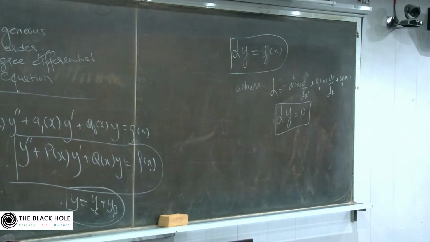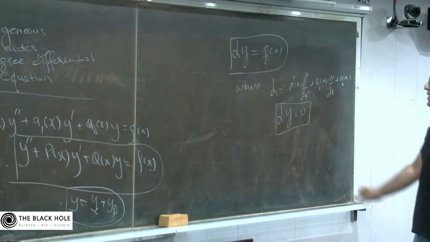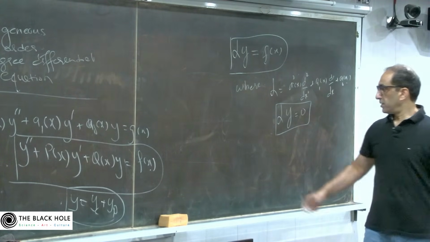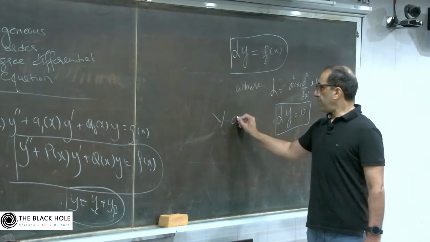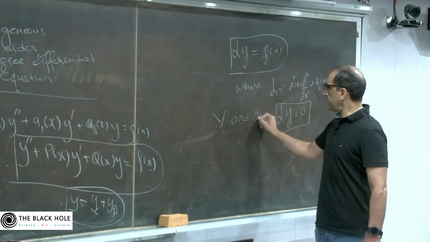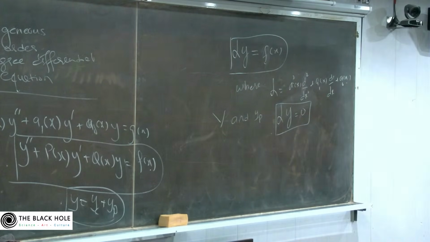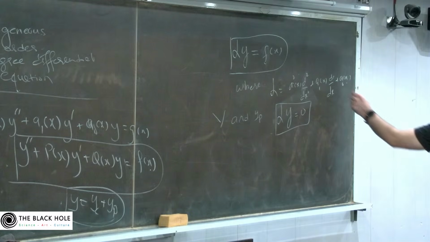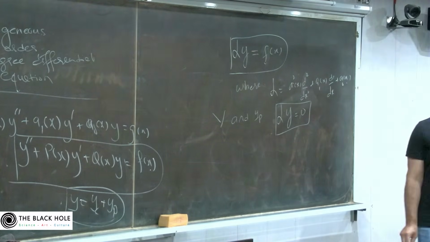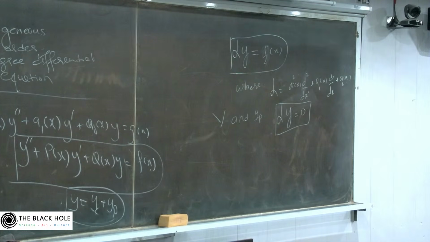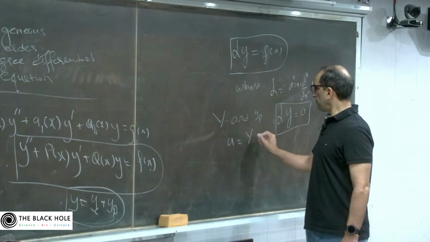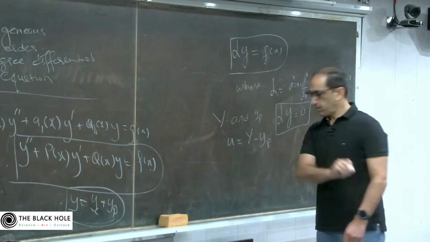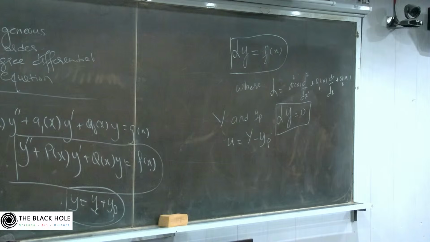Okay. So now let's say that some capital Y and Yp are the two solutions of the input, okay? And you write this as y minus yp.